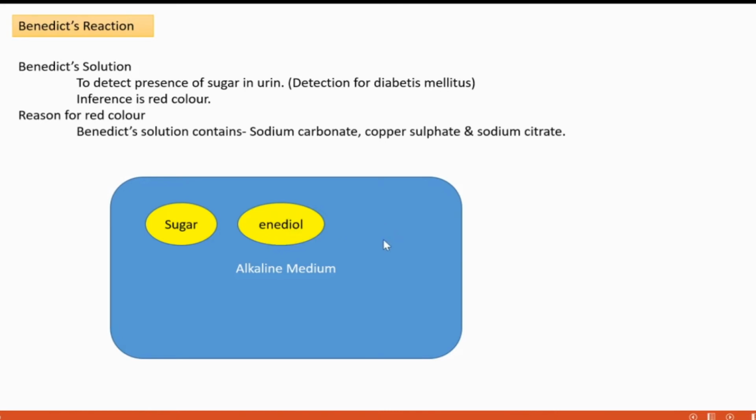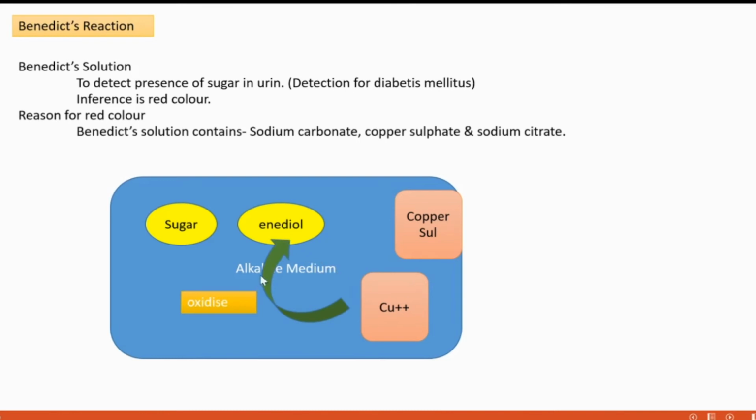Okay. Then along with that, copper sulfate is present in the medium. From copper sulfate, cupric ions are available, and this cupric ion oxidizes the enediol and forms cuprous oxide, which is red in color. Because of this reason, as we test for the presence of sugar in urine, we get a red color as the inference at its endpoint. Okay, that's Benedict's reaction.